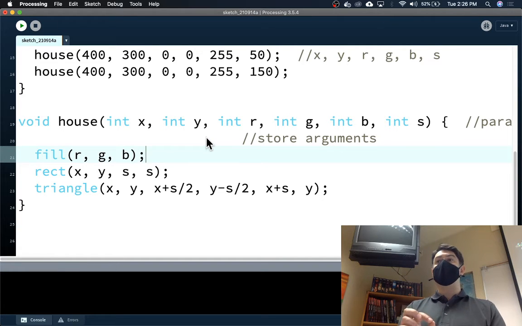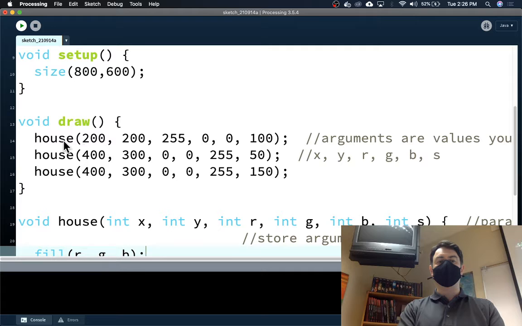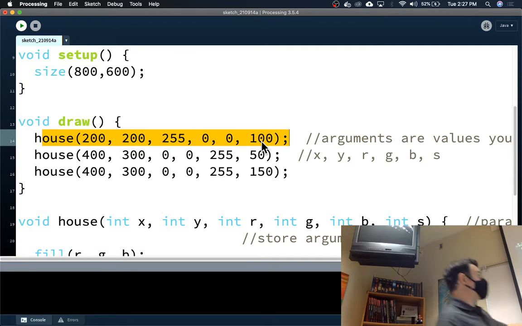Also, don't forget that these are just like rect now, or ellipse, or line. You can plug variables into these things. I could plug a variable in here and make my house grow and shrink, or plug it in here and make it travel across the screen. I could change the colors of the house with variables. All the things we could do with rectangles and ellipses, we could do with houses as well.